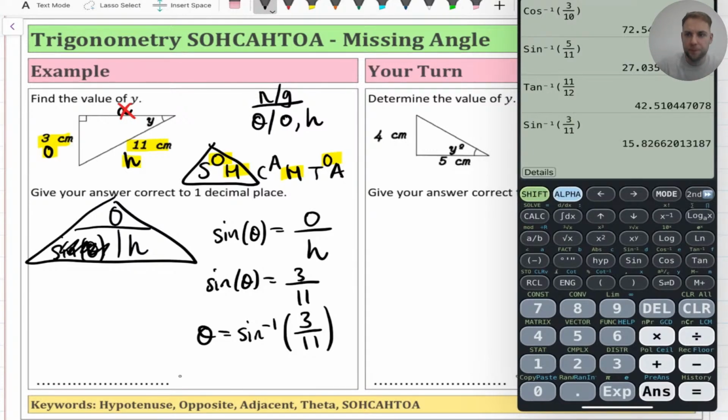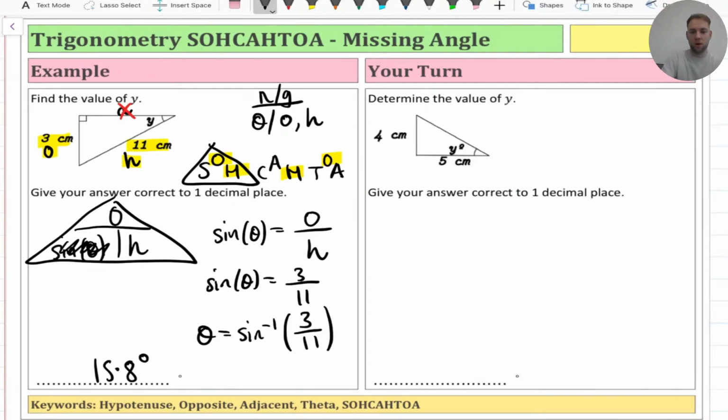All right, last one. Have a little go at the one on the right-hand side yourself. The last one we'll do today.